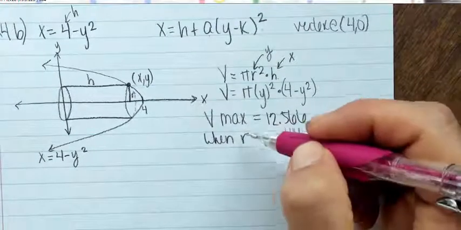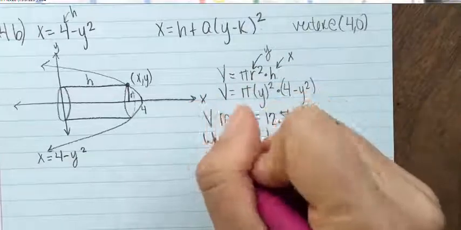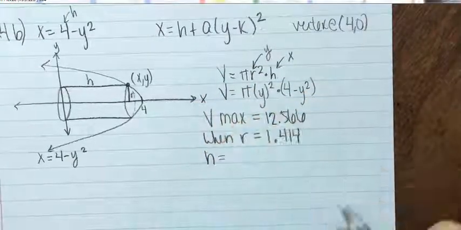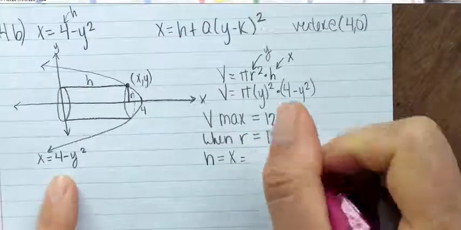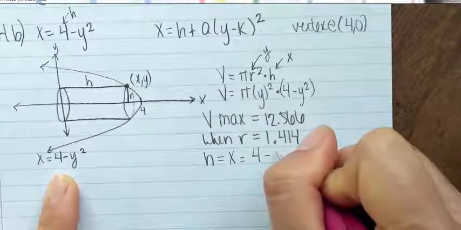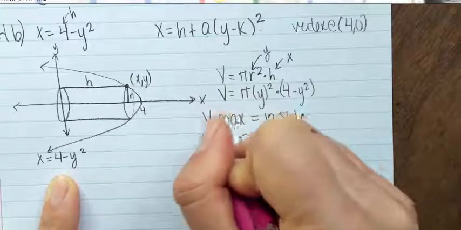Now again, my radius was my y. So now how do I find my height? Well, the height is the same as, again, my x. And x is really 4 minus y squared, which is my y. My y was my radius, right?